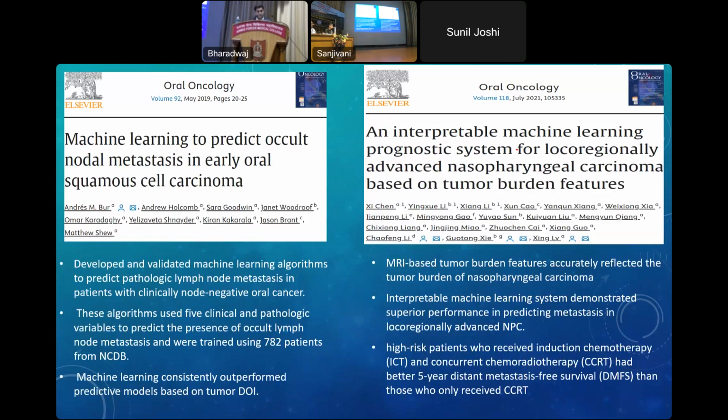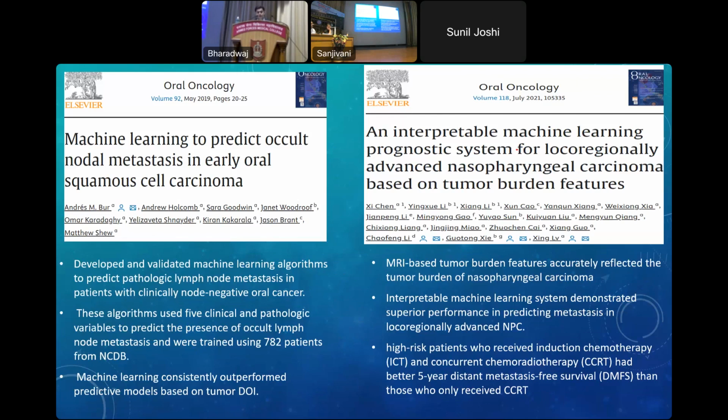These algorithms used 5 clinical and pathological variables to predict the presence of occult lymph node metastasis and were trained using 782 patients. Machine learning consistently outperformed the predictive models based on tumor depth of invasion. So these studies have shown that machine learning or artificial intelligence will help in predicting occult nodal metastasis, and we can avoid clinically N0 neck dissections.